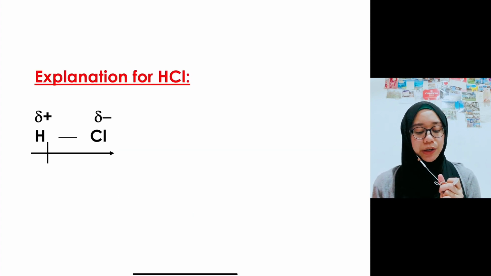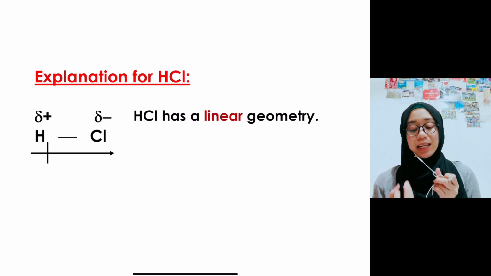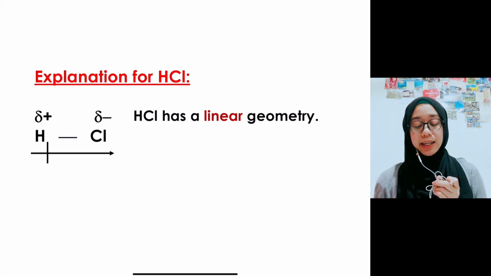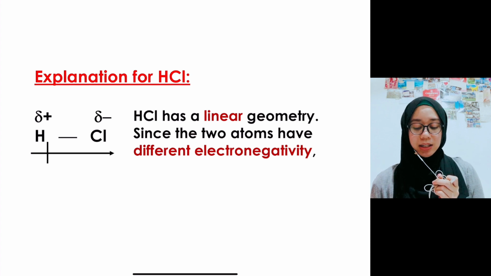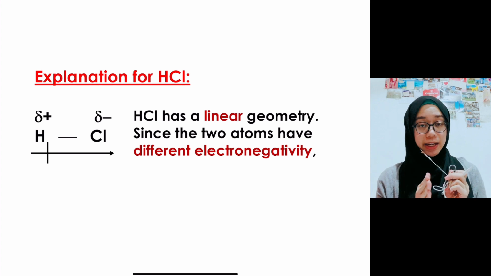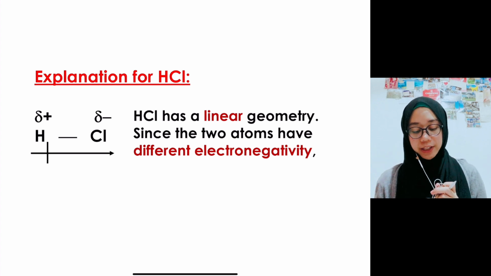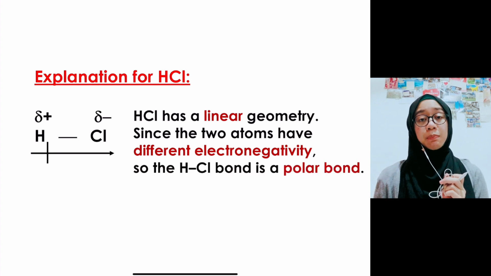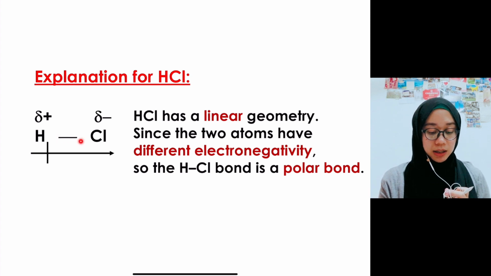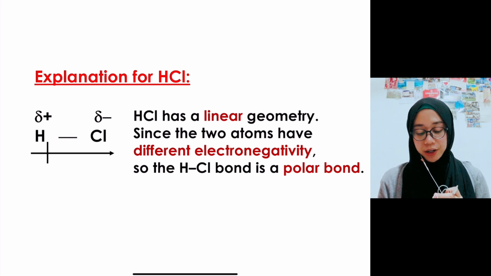So explanation untuk HCl, HCl has a linear geometry. So kita bagi tahu dulu shape dia apa. Okay, so it has a linear geometry. So since the two atoms have different electronegativity, kita ada H dengan Cl, so they have different electronegativity. So the HCl bond is a polar bond. Okay, so bond yang dekat sini antara H dengan Cl ni adalah polar bond.